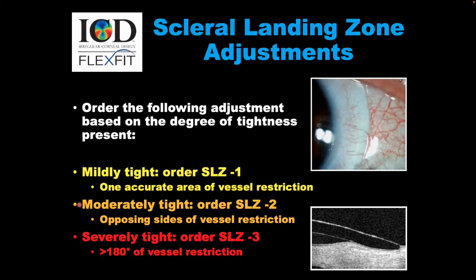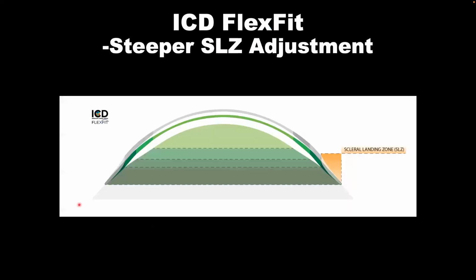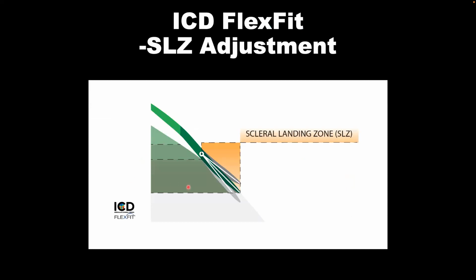So let's go back. As you see here, whenever you are opening here, the lens will settle a little bit more, and that is why you are dropping down. That is why you are doing a negative change whenever you are flattening. Whenever you are steepening, you are doing a plus sign.